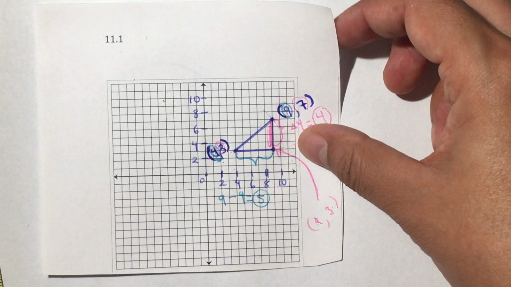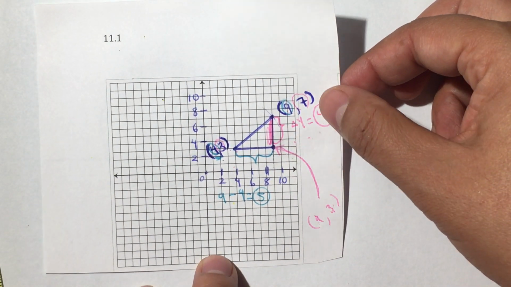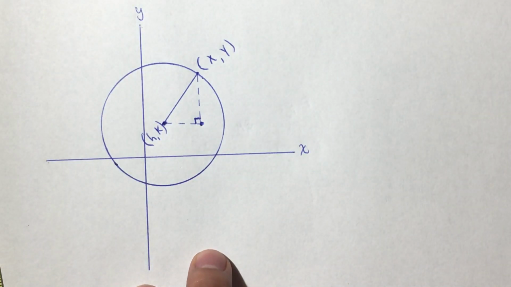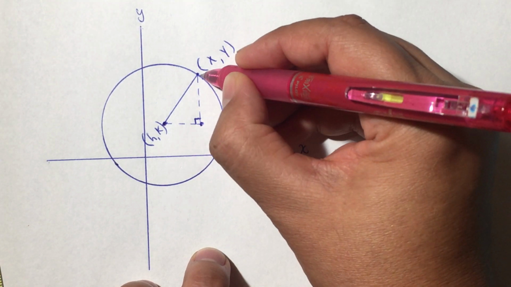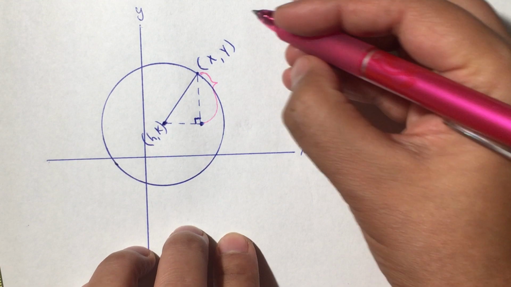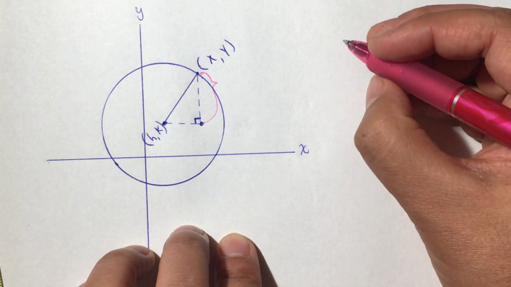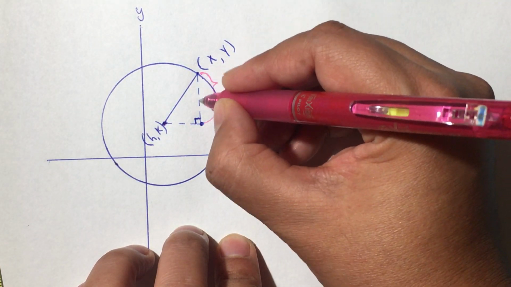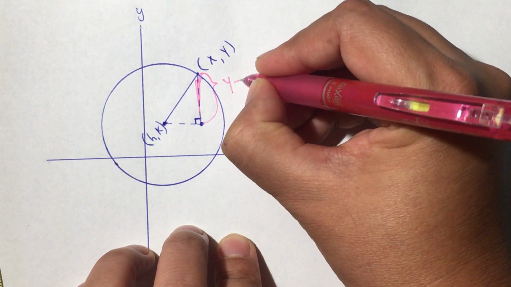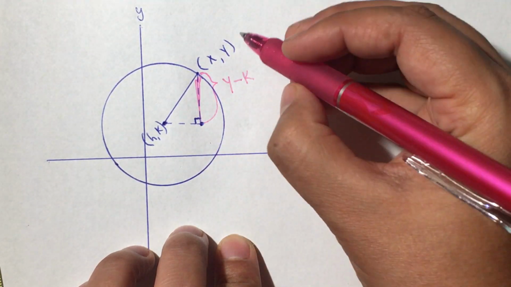Hopefully that makes sense, because now we're going to go to the abstract without being able to count the squares. And so having that means that I can just say, oh, this distance, I can just subtract the y values, meaning that from here to here, the measurement will be y minus k, okay?